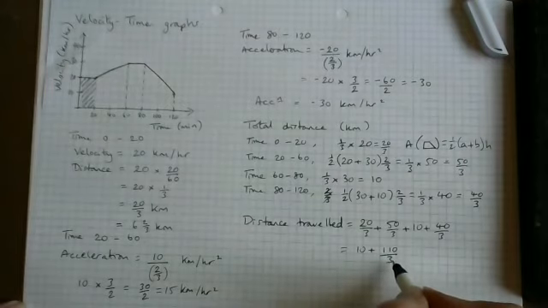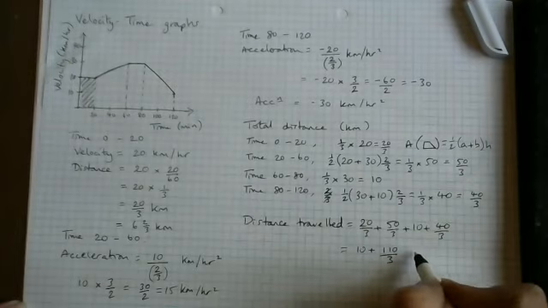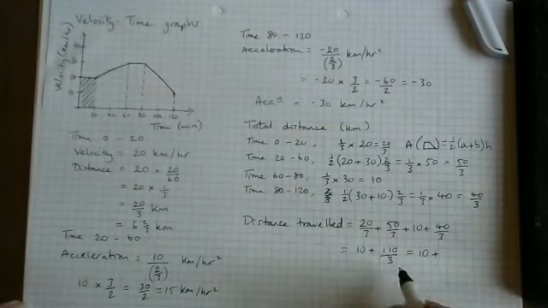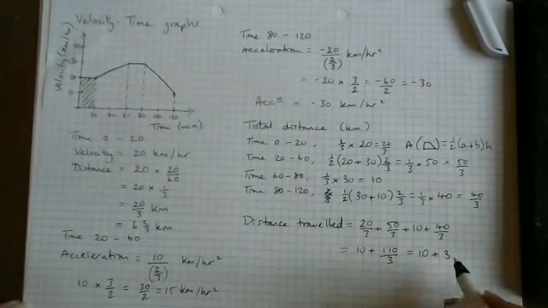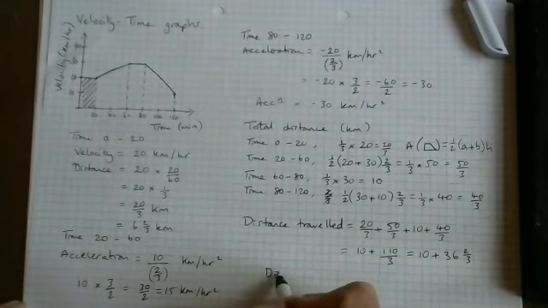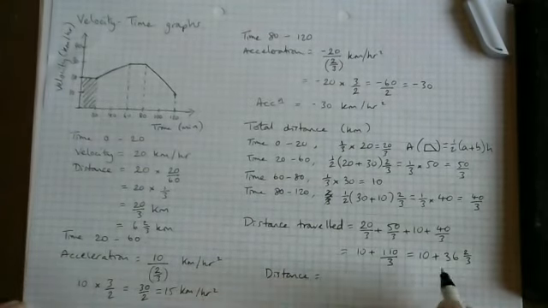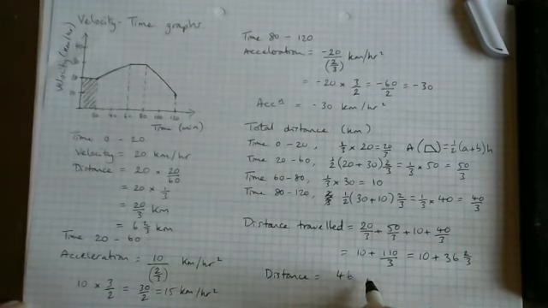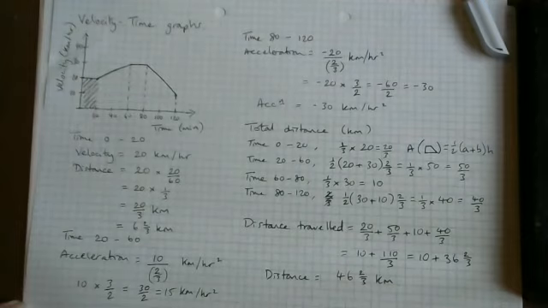Well, let's change that into a mixed number, equals 10 plus 3's into 110, 3 into 11 goes 3 times, remainder 2, 3's into 20 is 6, remainder 2, 36 and 2/3. Distance equals 46 and 2/3 kilometres.